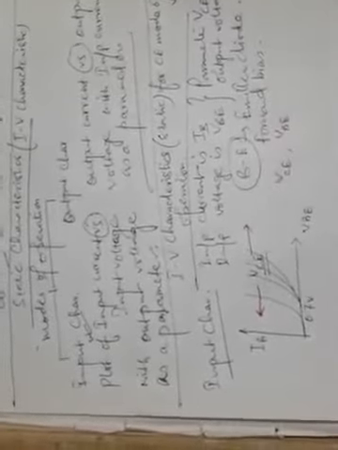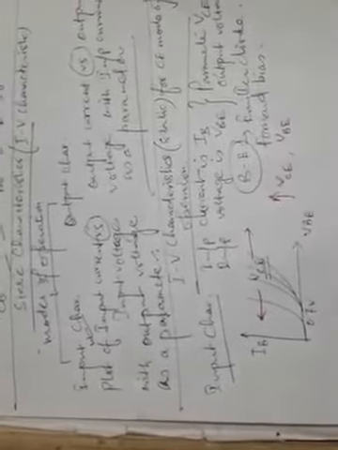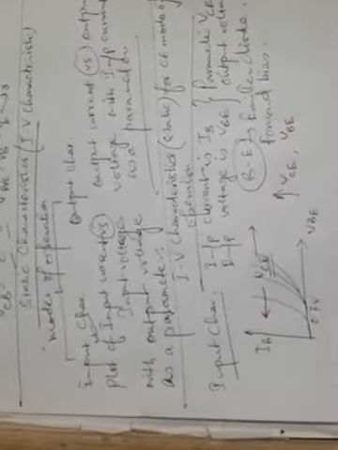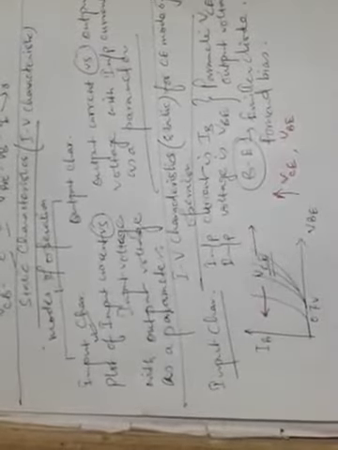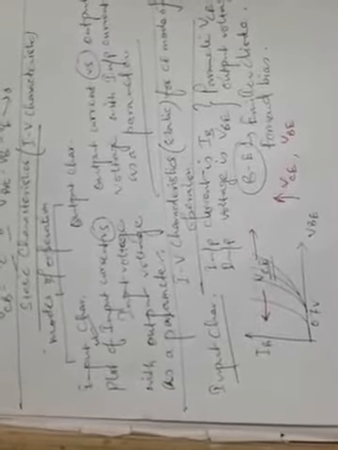Keeping VBE constant, when VCE is increased, the effective base width decreases and hence the recombination base current will decrease.